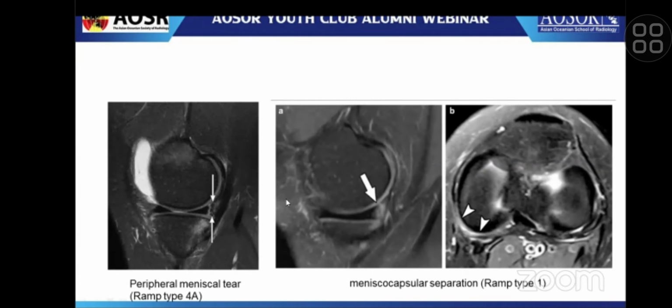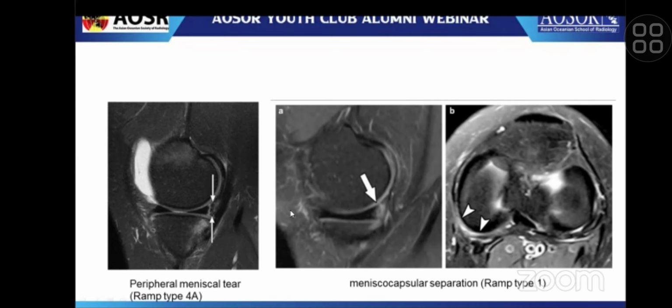Here we can see the peripheral meniscal tears. They are called RAM type tears. You can see here the posterior part of the meniscus, a vertical tear of the posterior horn of the meniscus. And the second one is meniscocapsular separation, a tear of the meniscocapsular ligament, called RAM type 1.